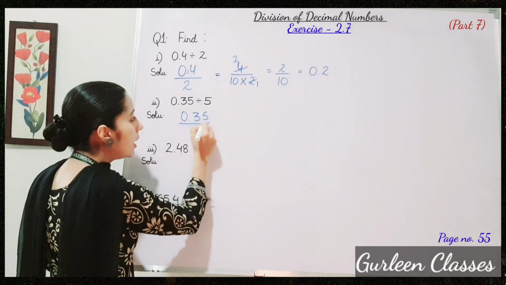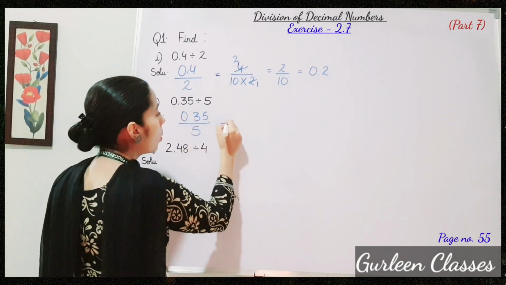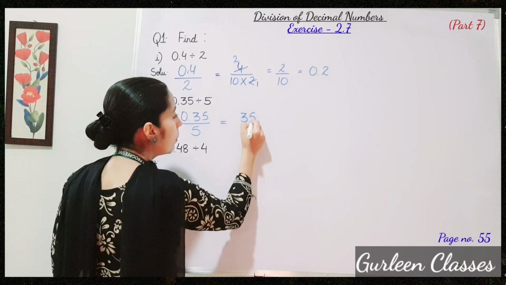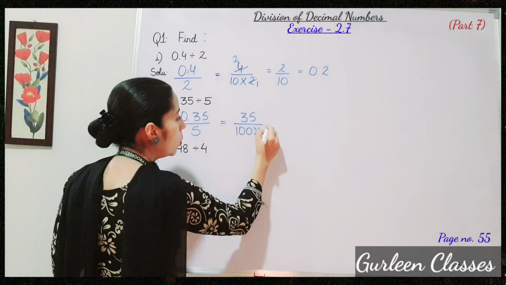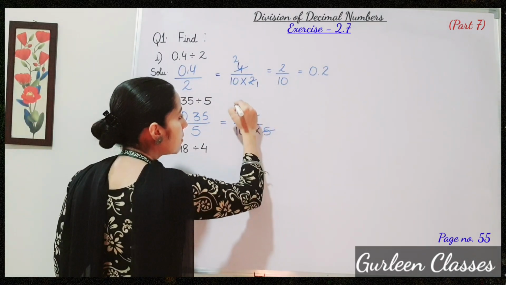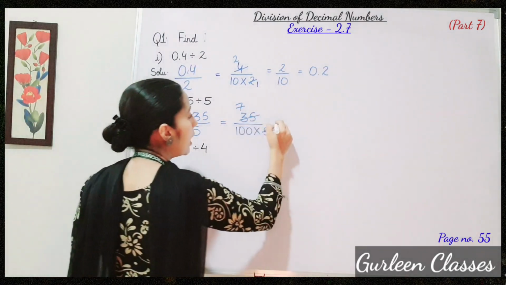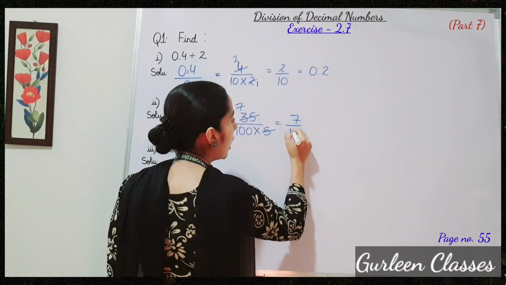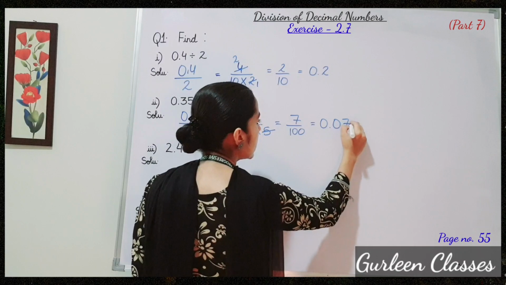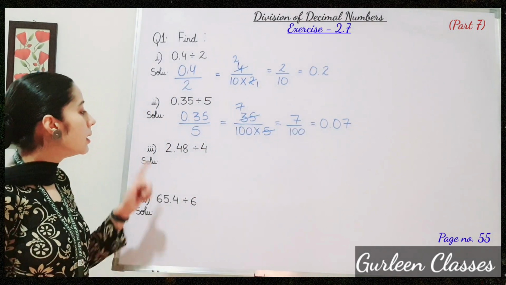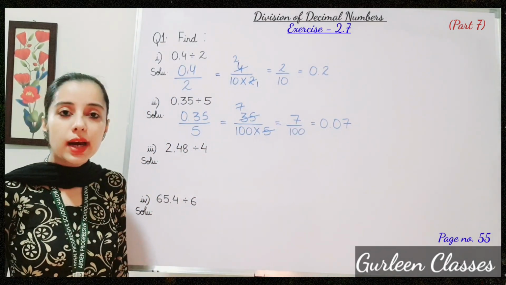Now second part, 0.35 divided by 5. Ignore the decimal point. After the decimal point there are two digits. So it will be 100 into 5. 5 sevens are 35. Then we have 7 upon 100. So answer is 0.07. Now third part, 2.48 divided by 4.